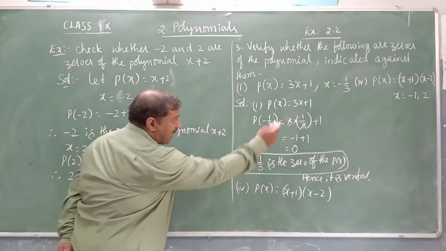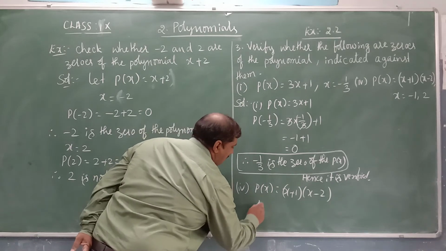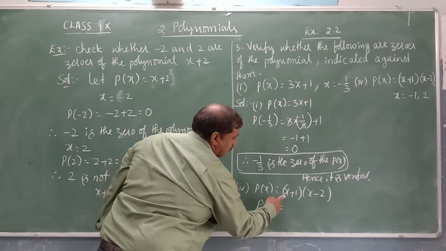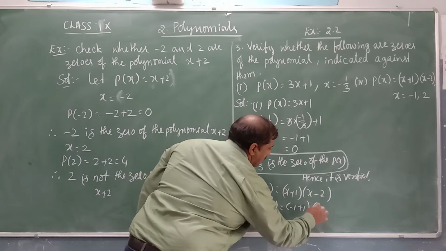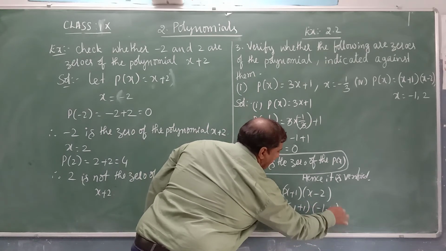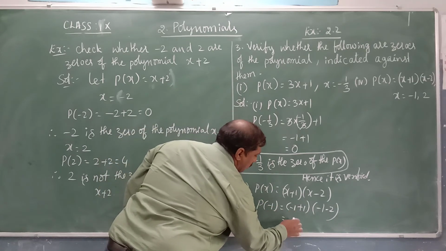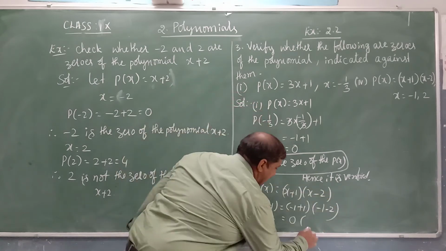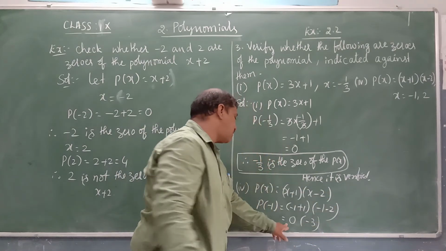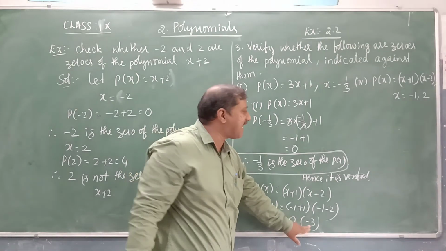If x is equals to minus 1, P of minus 1 is equals to minus 1 plus 1 into minus 1 minus 2. Now simplify. Minus 1 plus 1 is equal to 0. 0 into minus 1 minus 2, it is minus 3. Now 0 into minus 3 it is 0.